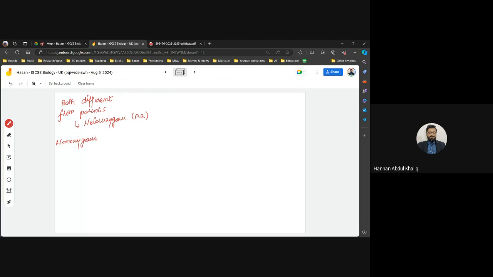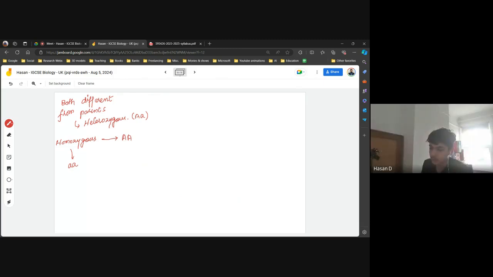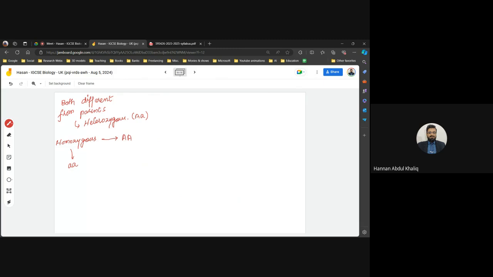About the homozygous, we have an exception. We know that homozygous can be like this: capital A, capital A, or small a, small a. Are both alleles the same? No, they're different, like capital A, small a.